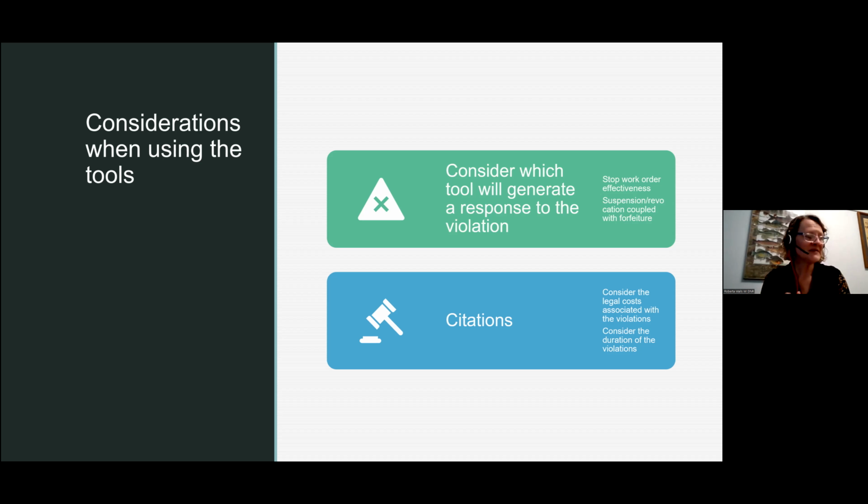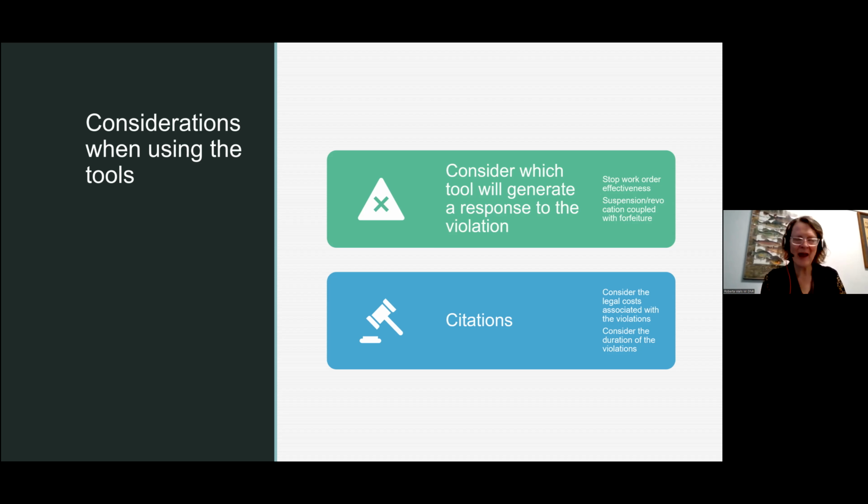I wouldn't necessarily go straight to the maximum citation, but if you're talking about a daily citation, you can also consider applying a citation multiple times to help you deal with the enforcement that you're working through with an operator.